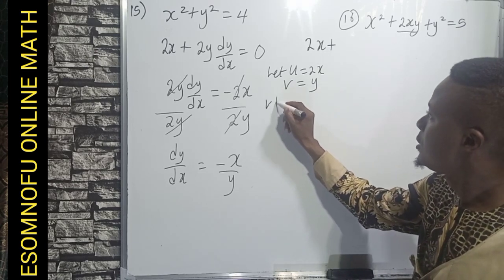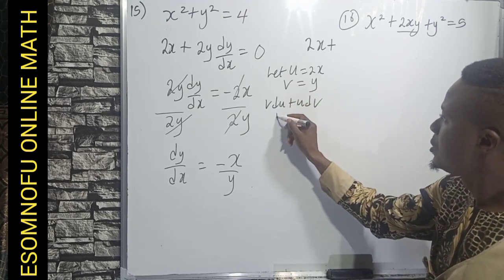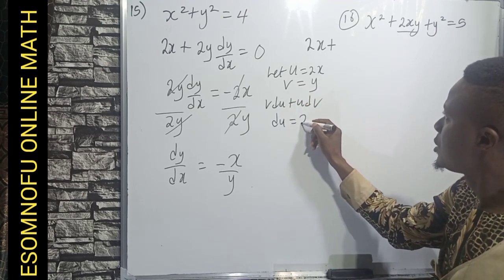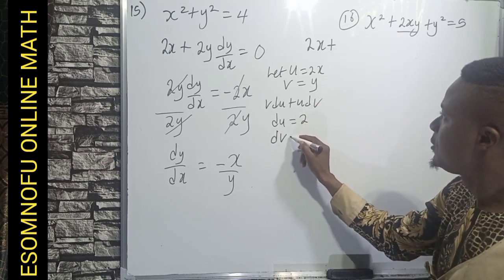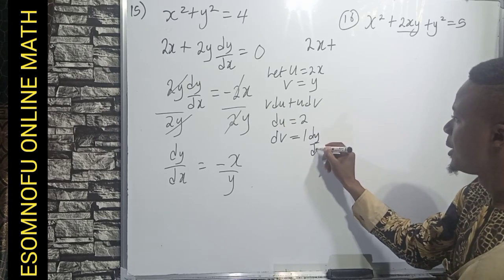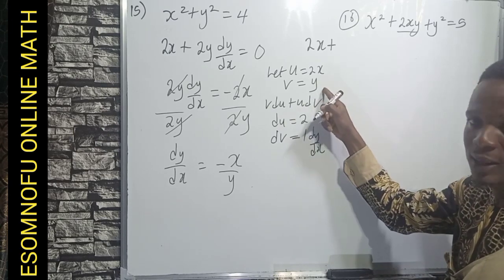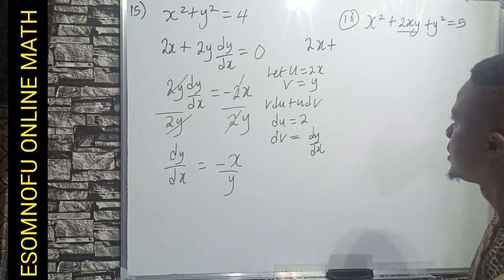And product rule is v du plus u dv. So let's get du. Du here will give us 2. If I differentiate 2x, I'll get 2. So dv will give me just 1 dy/dx, because anytime you differentiate y, you attach dy/dx, and 1 is the same thing as removing it.